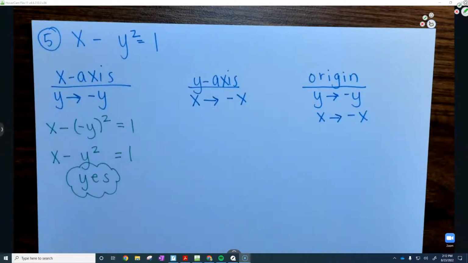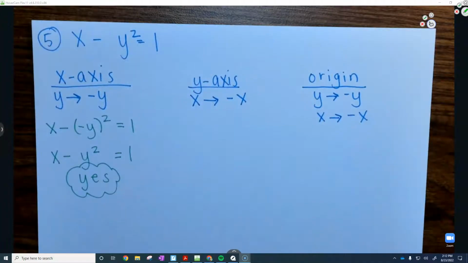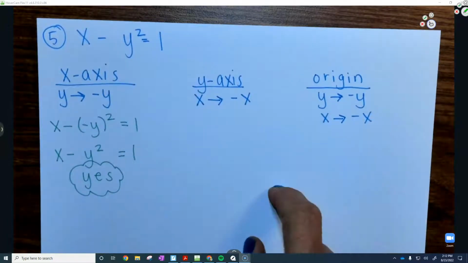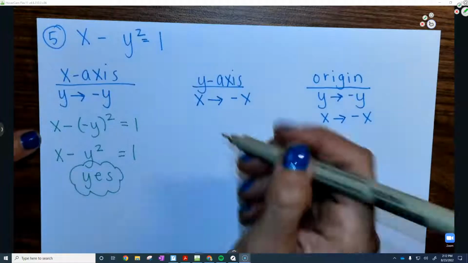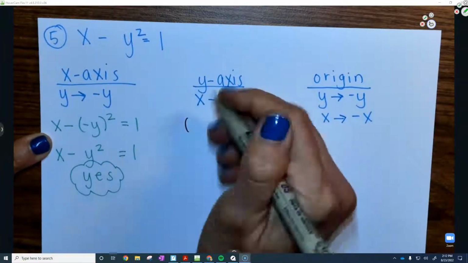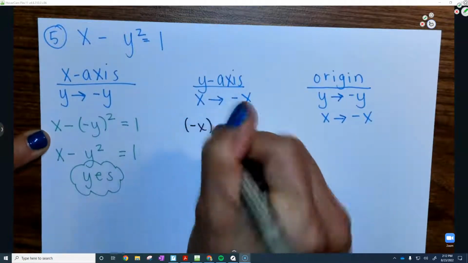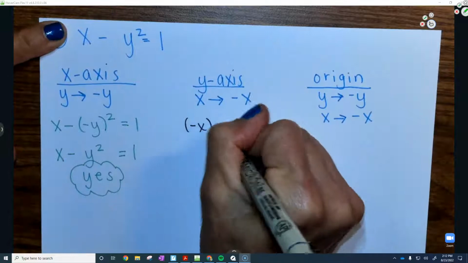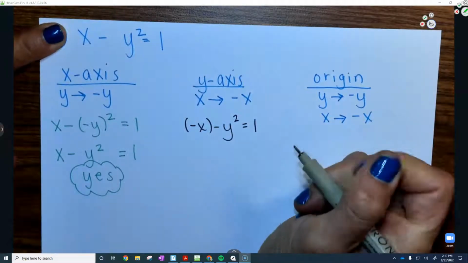All right, so now let's go ahead and take a look at the y-axis. So just because it's yes on here does not mean these are going to be no. Watch what happens. On this, we're going to use our friend Mr. Parentheses. We're going to drop negative x in for plain x. And we're going to recopy the rest of the problem.